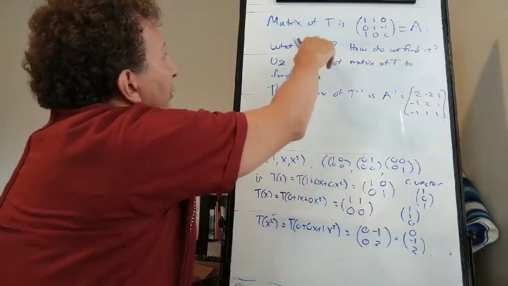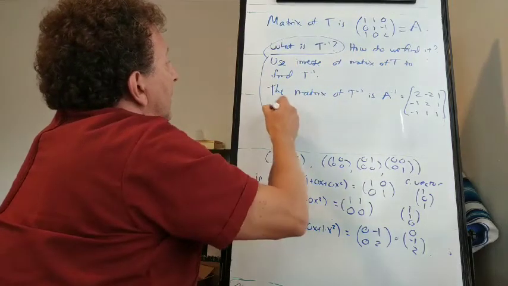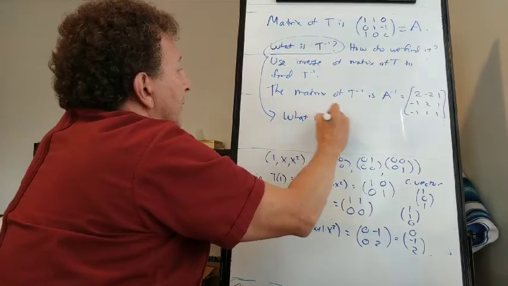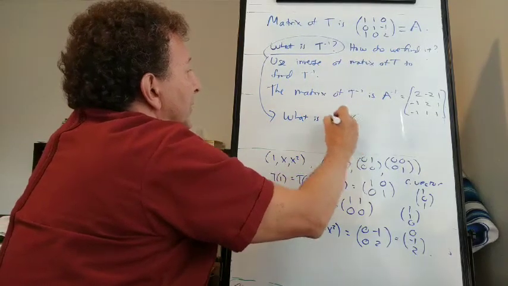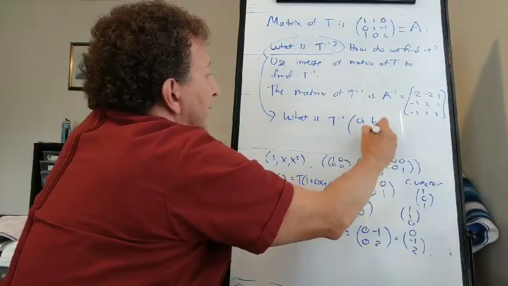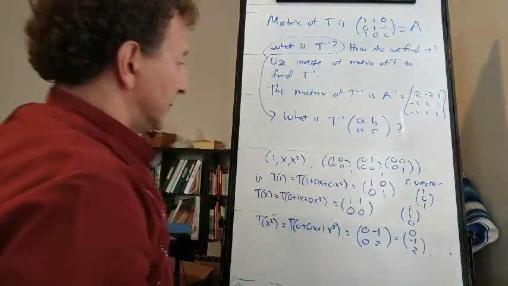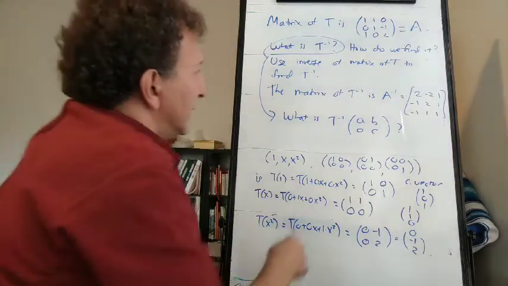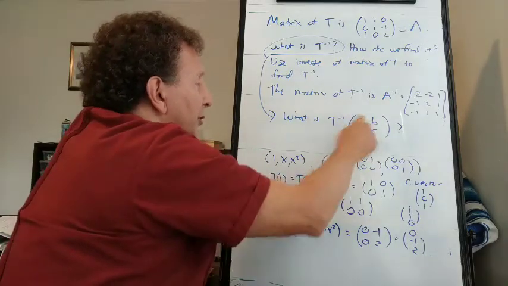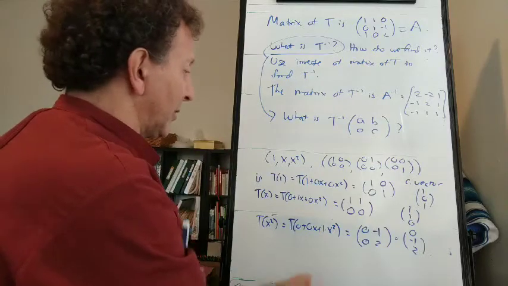So what does T inverse do to our typical element here? Let's say A, B, C. This is our typical element that's upper triangular, and if we know those three numbers, we should somehow be able to use that to figure out what polynomial this is going to correspond to.